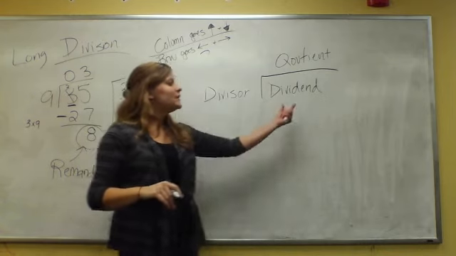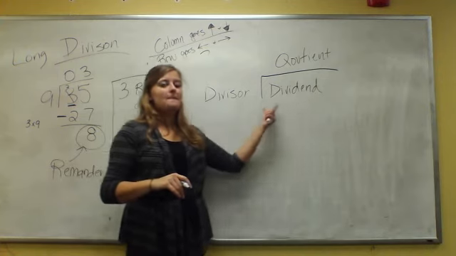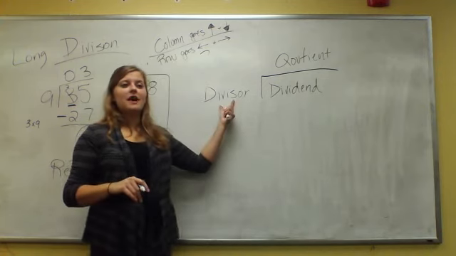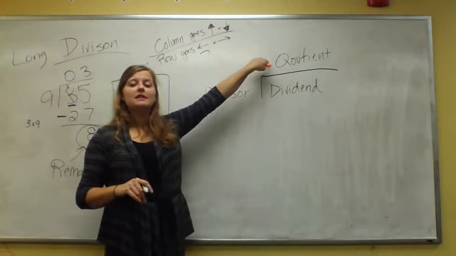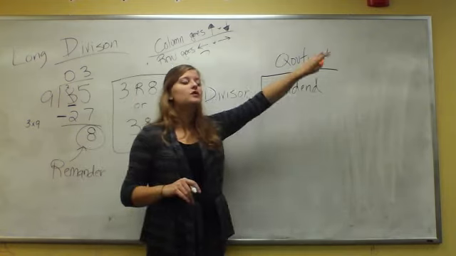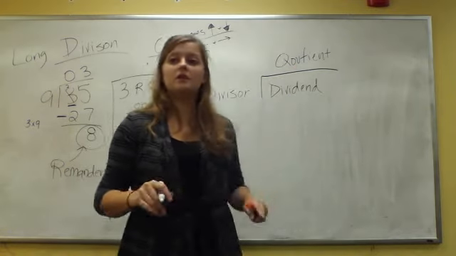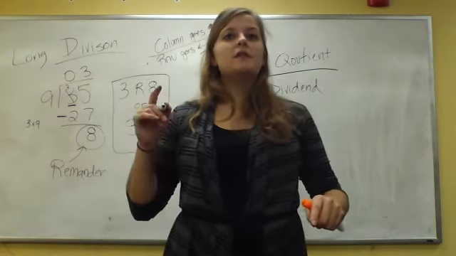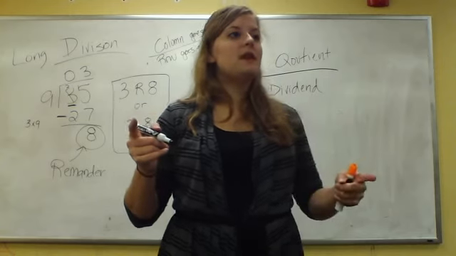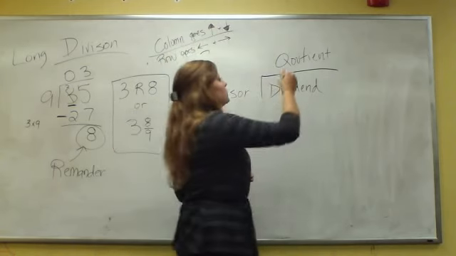So I've got my dividend inside the box, my divisor outside the box, my quotient is the same as an answer. So if you see something that says find the quotient of something divided by something, quotient means answer.